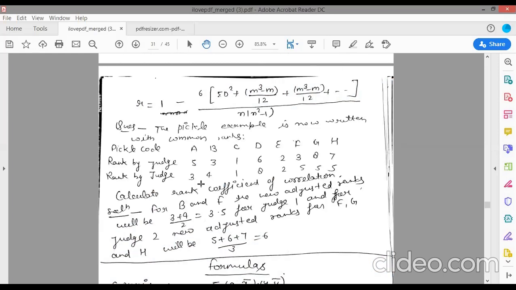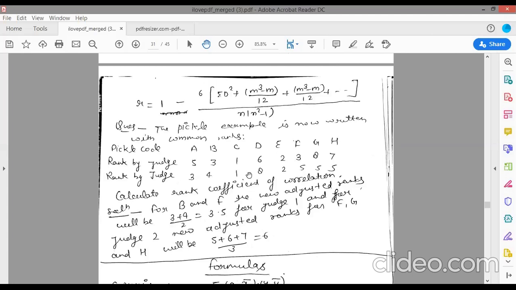And also look here, 5 is repeating 3 times, at the 5th, 6th and 7th positions. So for F, G, H, the new adjusted rank will be 5 plus 6 plus 7 upon 3 is equal to 6.